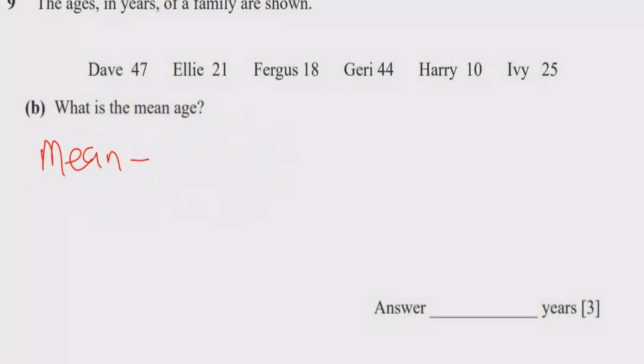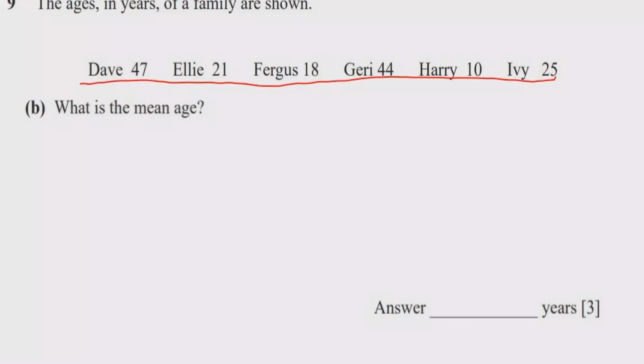To find the average of the ages, we are going to add these numbers. When we add them, we will then divide by the number of items. Now we realize that there are 6 items here. So we'll come up with an expression which will have a divisor of 6.